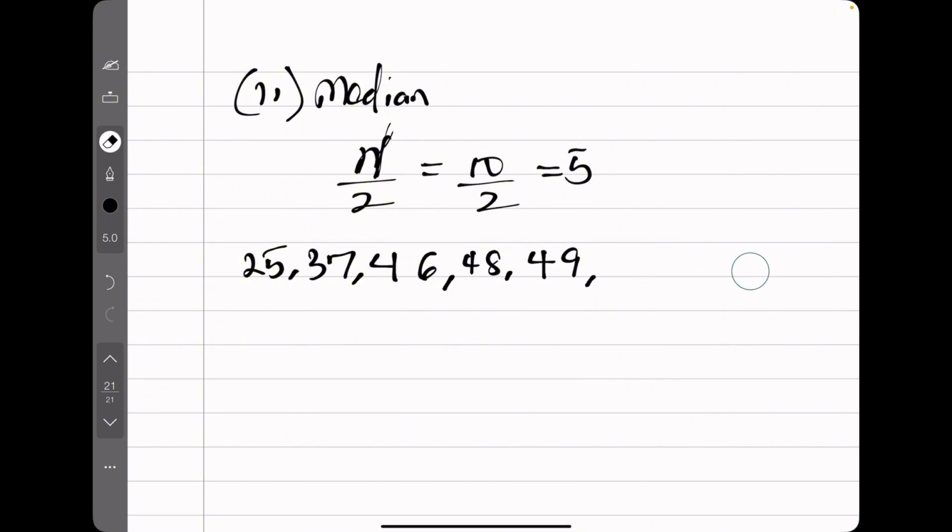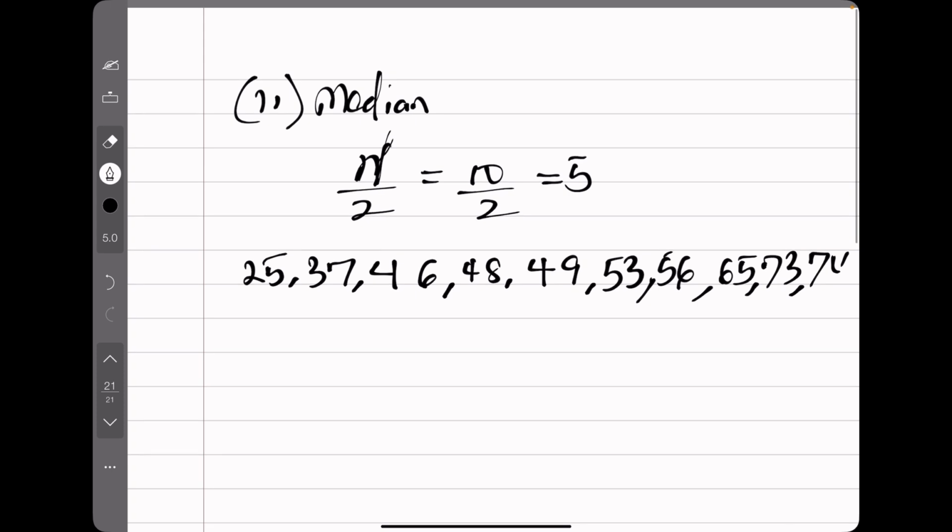This could be very, very tricky. That's why you have to be very, very careful. 1, 2, 3, 4, 5, 6, 7, 8, 9, 10.